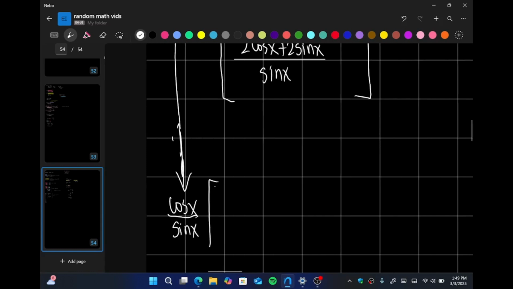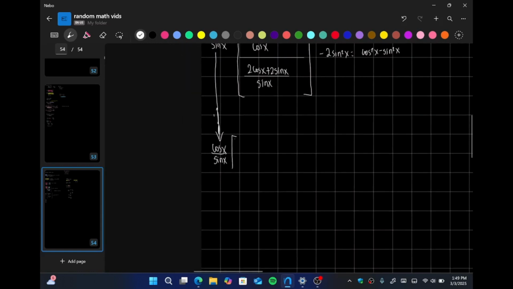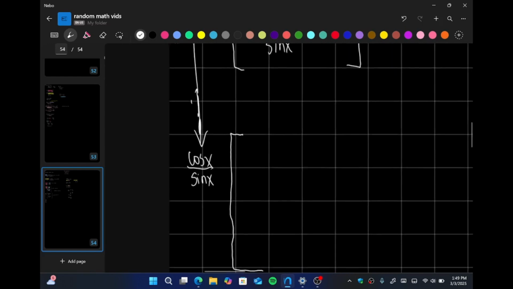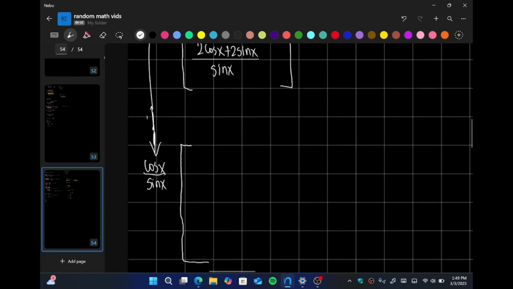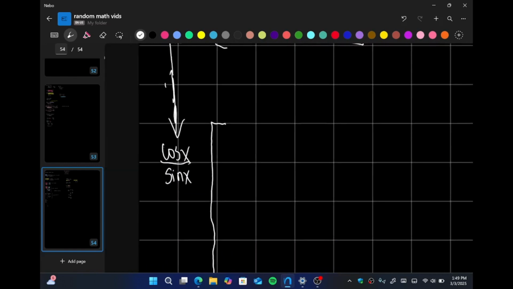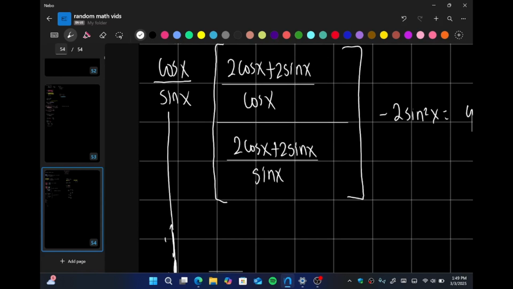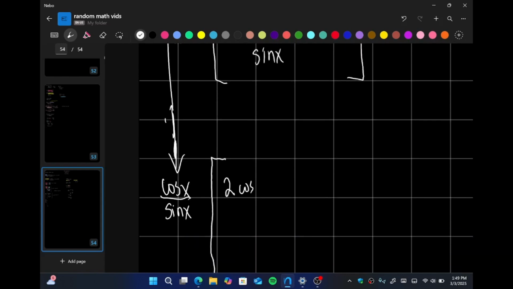What I'm going to do here is put it as a division of two fractions. So it's going to go 2 cosine x plus 2 sine x.